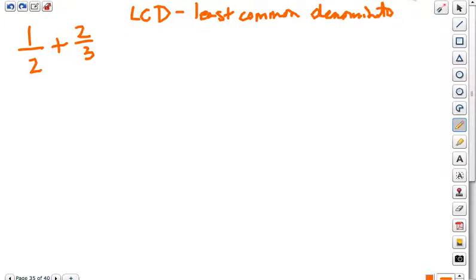So we're looking for the smallest common denominator in both of these fractions. So we're going to go ahead and rewrite these fractions and come up with a least common denominator.